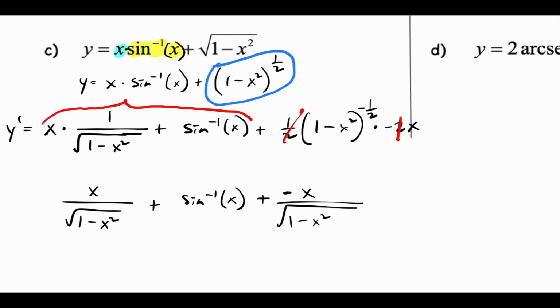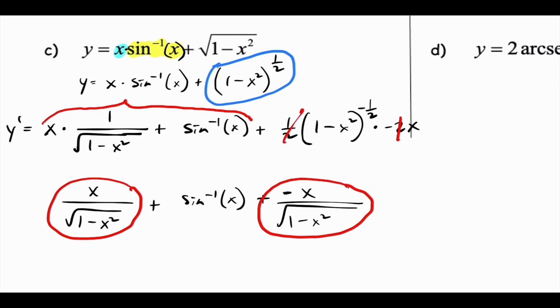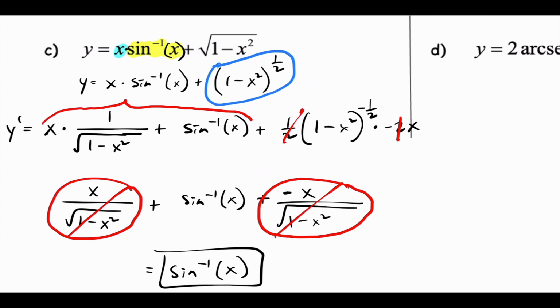What do you notice about the first and the last? They're the same but opposites, right? So if they're the same but opposites, when we combine them, they're going to make 0. So our answer is just what's left.